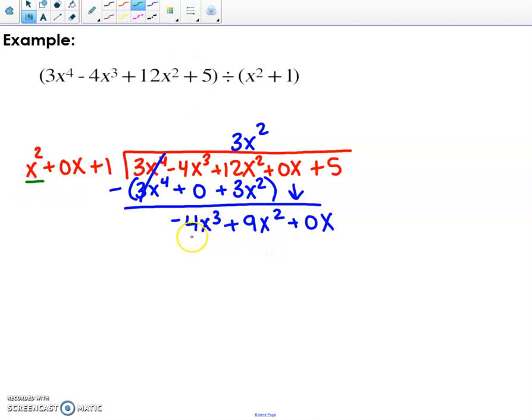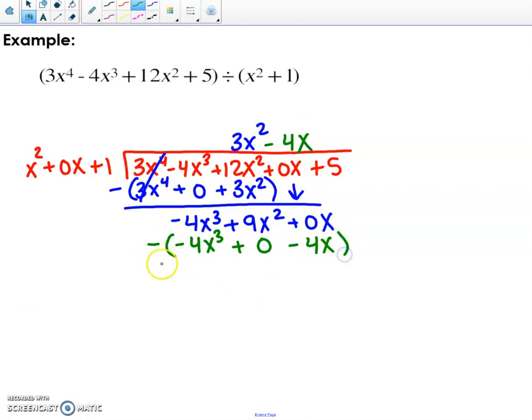We have x squared. We want a negative 4x cubed. So what times x squared gives us negative 4x cubed? That's going to be a negative 4x. And then again, we're going to multiply the negative 4x times x squared, so negative 4x cubed. Negative 4x times 0 is 0. Negative 4x times 1 is negative 4x.